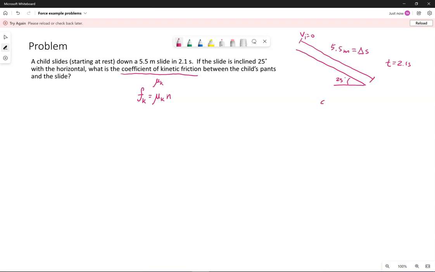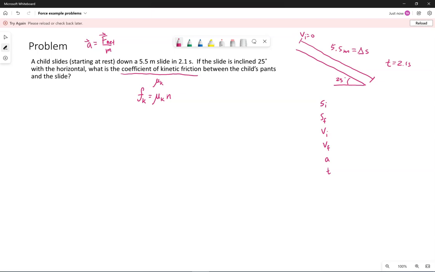So if we were to set up that table of information, now why I'm solving for the acceleration is because, according to Newton's second law, the acceleration the child experiences is caused by the force, and inversely related to the mass.